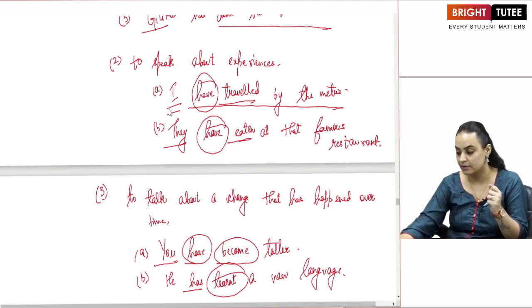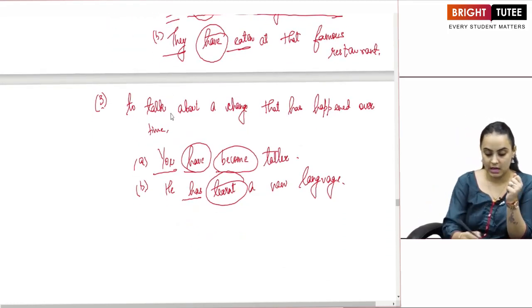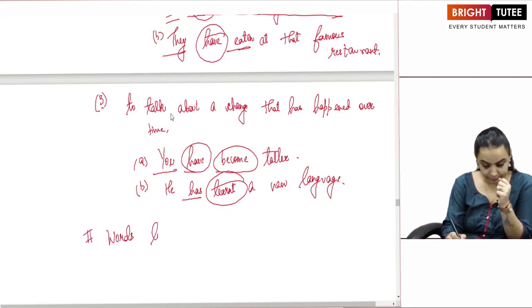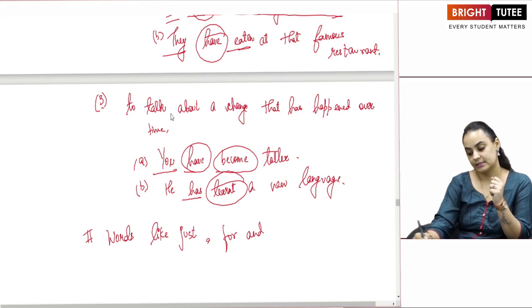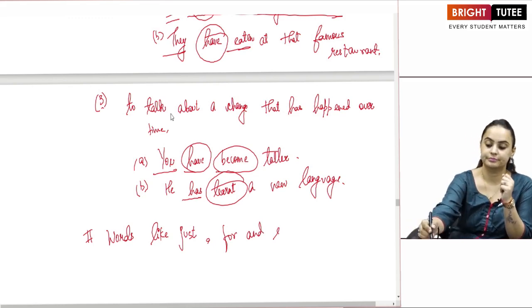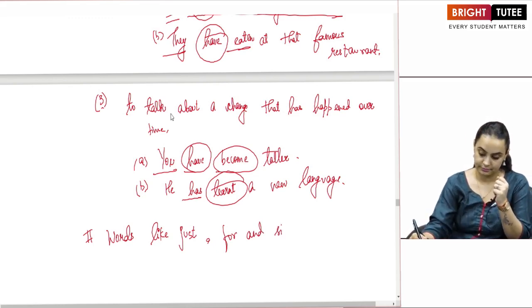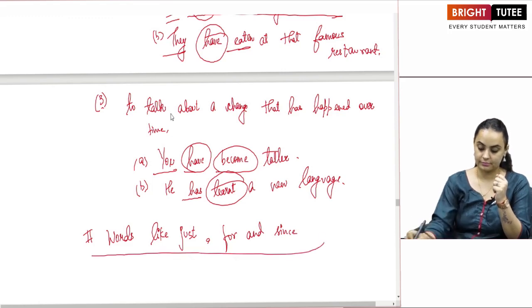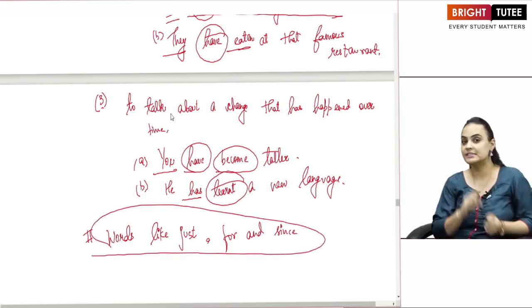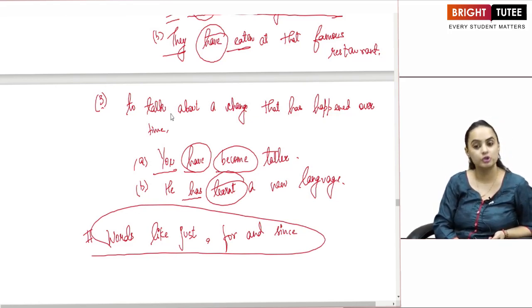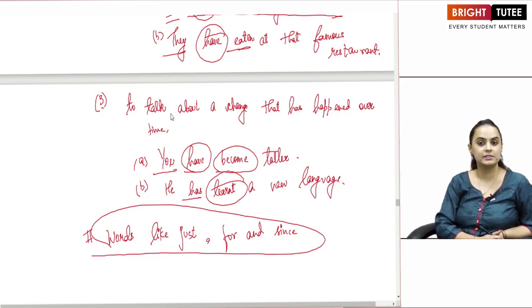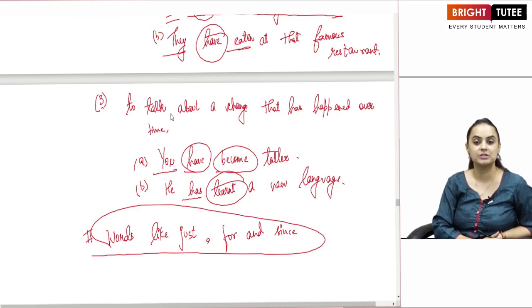Now something that we have to remember is, if you come across words like just, for, and since, so these three words if you come across in any of the sentence, then you can be sure that that sentence is only talking about the present perfect tense.